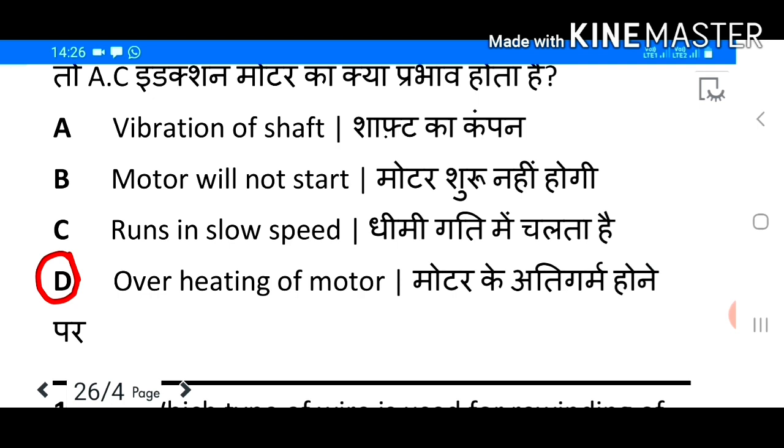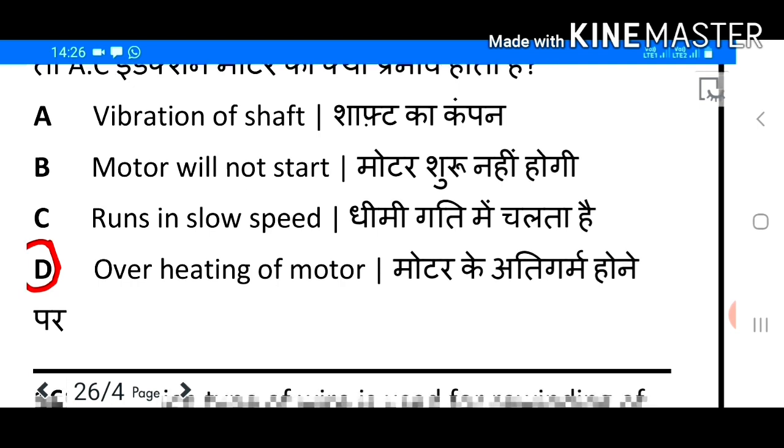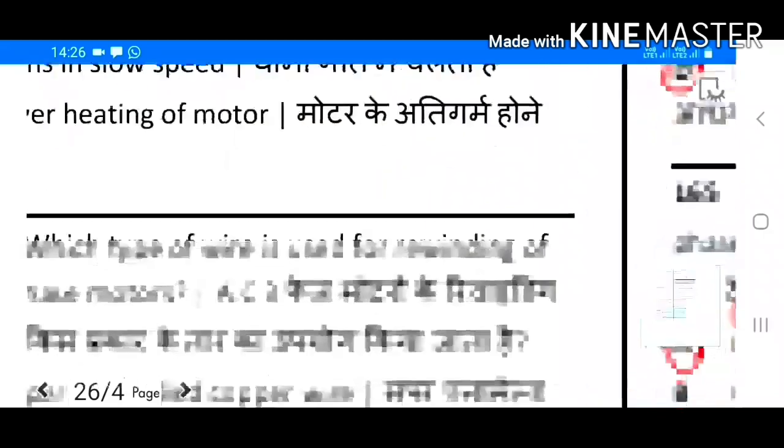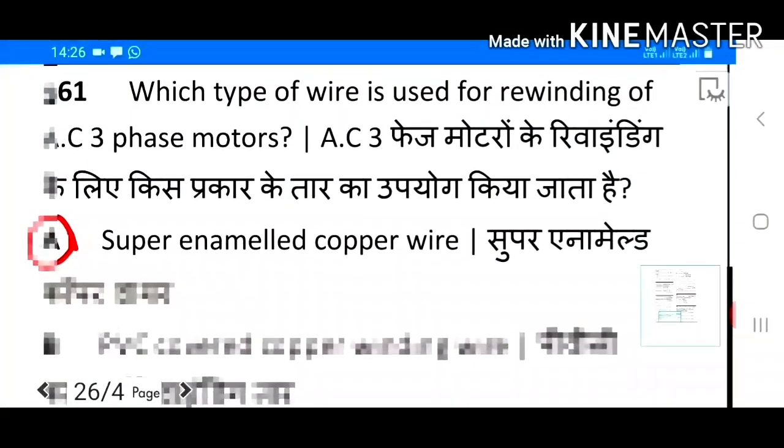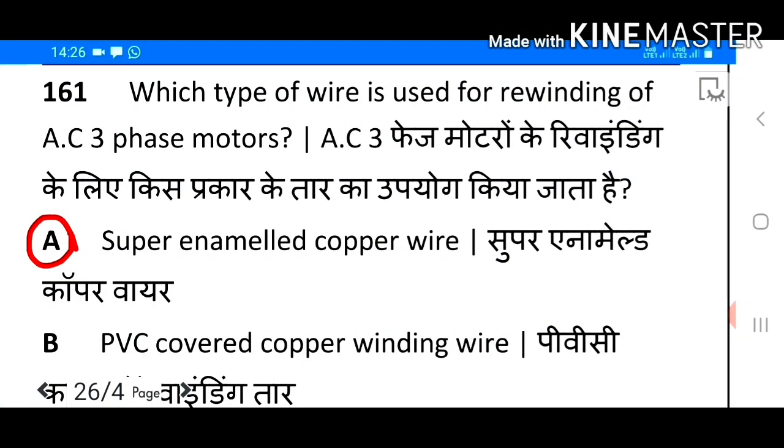Answer D. Overheating of motor. 161. Which type of wire is used for rewinding of AC three-phase motors? Answer A. Super enameled copper wire.